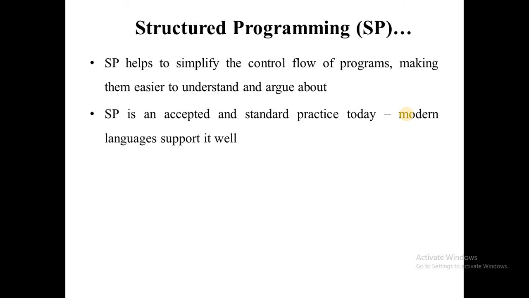So whenever you hear about structured programming, you have to understand two things. One is that before the 1970s, people were using goto statements widely. The major demerit of the goto statement is that it is a non-linear ordering of execution, and it creates more complexity in programs or code.